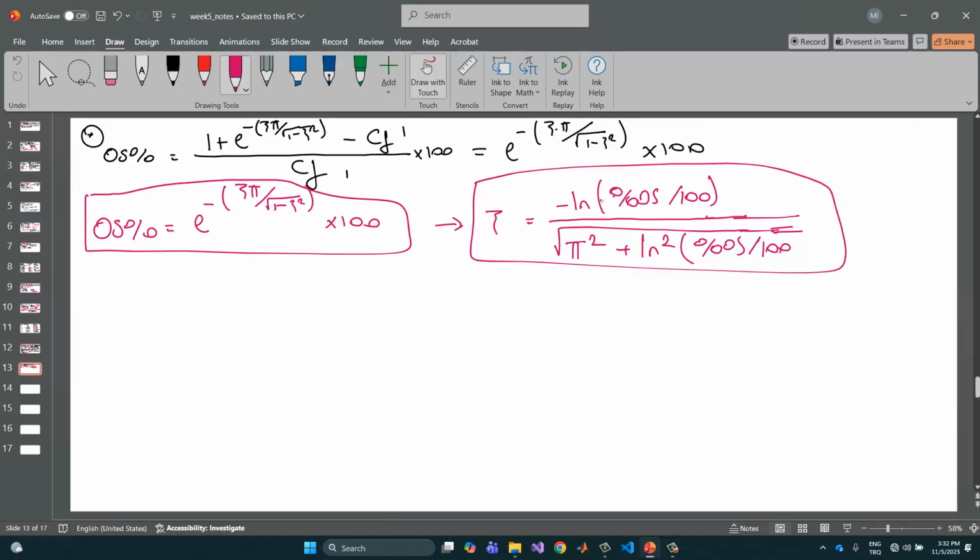You don't need to derive this equation, but you should know it because it's very important. If we have any time response, and if we can measure the overshoot, we can calculate the zeta.